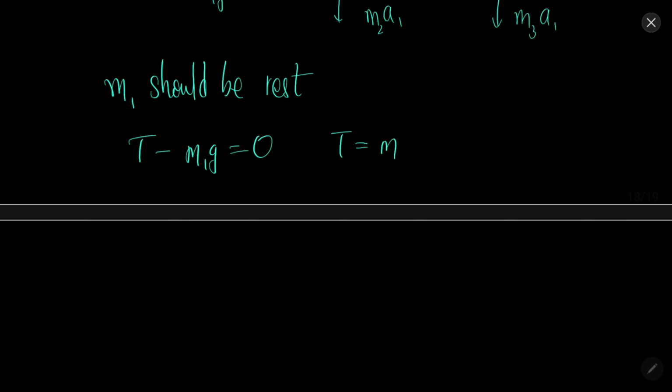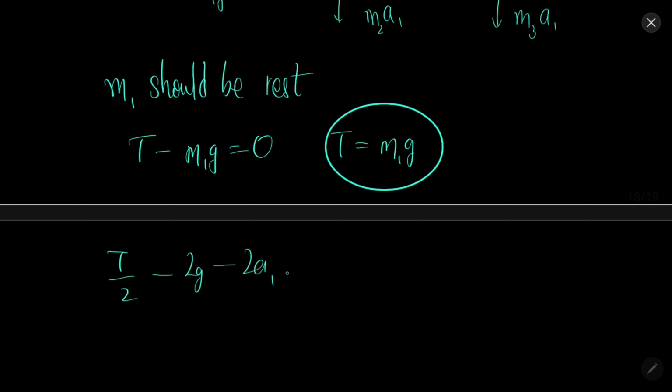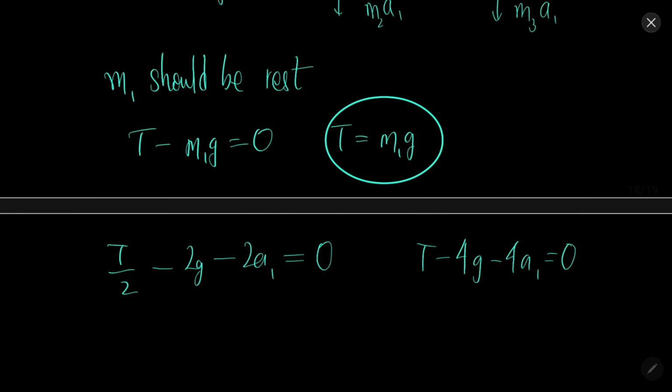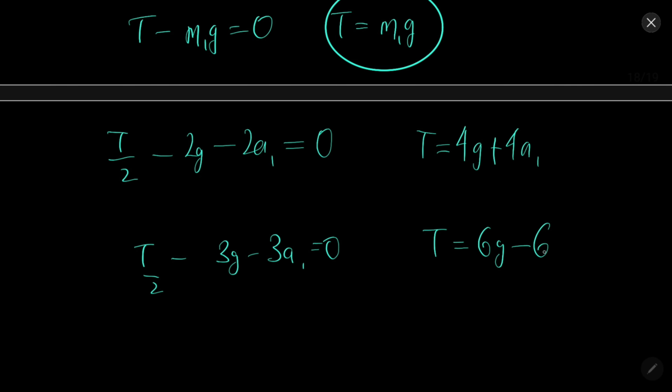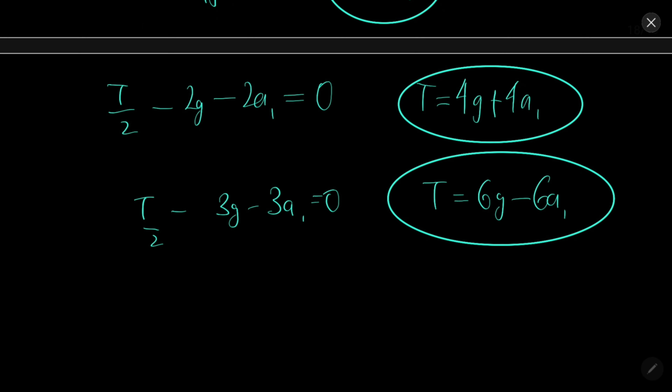So T will be m1g, and from the second free body diagram, T will be minus 4g minus 4a1 equal to 0, and another T by 2 minus 3g minus 3a1, so it will be 6g minus 6a1. So these are three equations that we have.